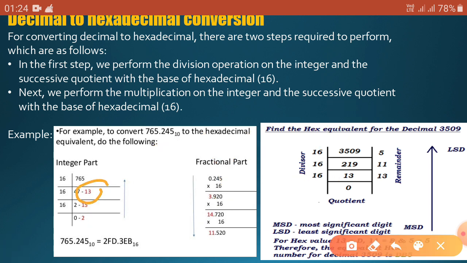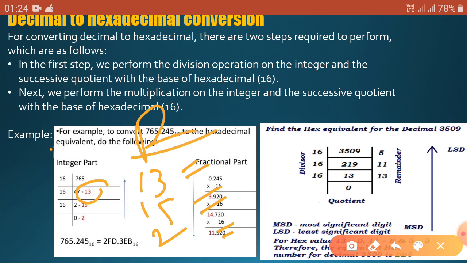Then 15, then 2, as we repeatedly divide the number by 16. So the remainders are 13, 15, 2.